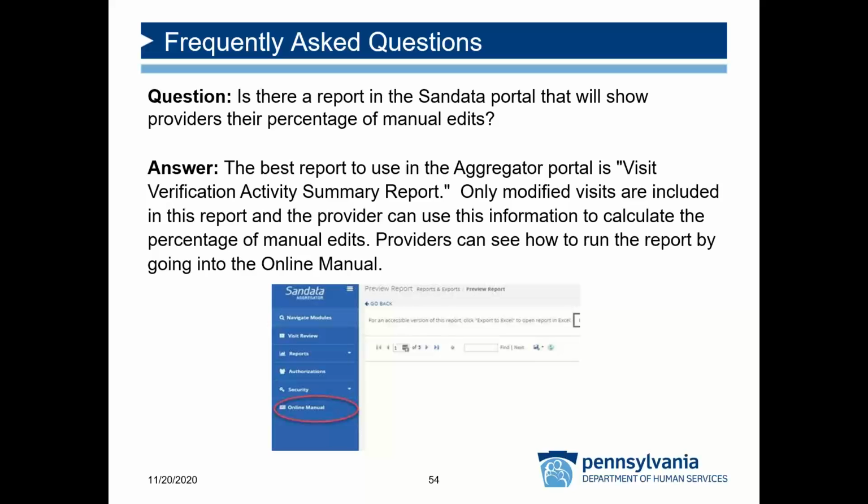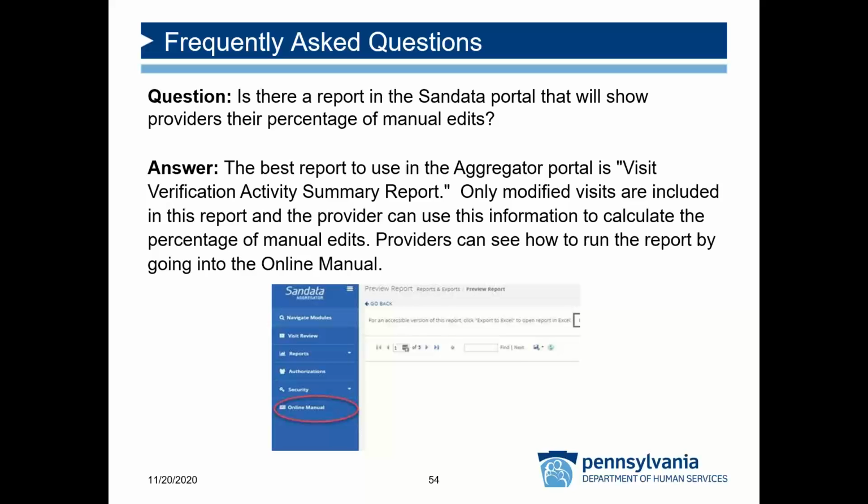And I want to emphasize that 50% is really a baseline. We're doing this because we really need to ensure that the quality of the EVV data is improving over time. We want to start with a 50% rate for now, but we encourage providers to try to achieve as good and clean of quality data as you can as your staff and your office becomes more acclimated to the system.